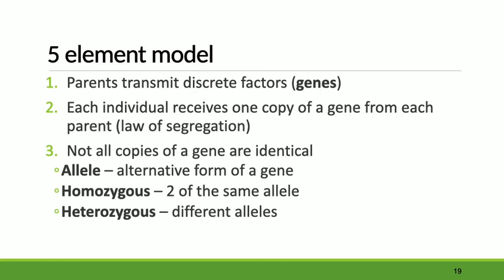So the same gene, or quote recipe, can have variations, and the variations of a gene are called alleles. So alleles are alternative forms of a single gene. In the case that we've been talking about so far, the pea flower color has two alleles, the purple allele and the white allele.